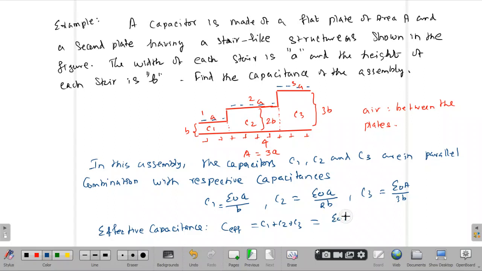Epsilon naught A by B into 1 plus 1 by 2 plus 1 by 3.